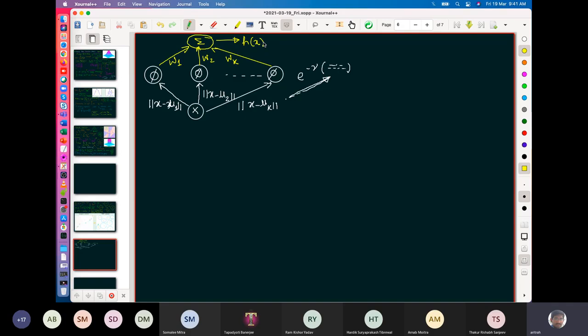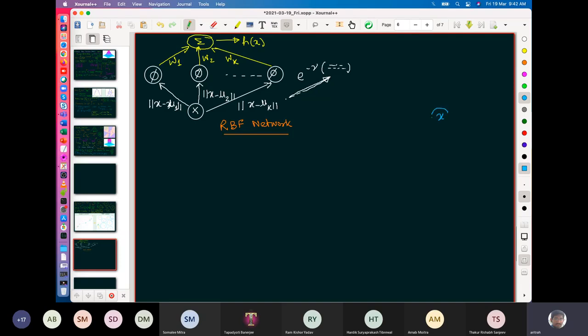Agreed? This was our form. Yes or no? That's what we did. Yes, sir. Agree. This is the RBF network we are talking about. Now, when we talk about this kind of a network, let us try to take a resemblance with our neural network.